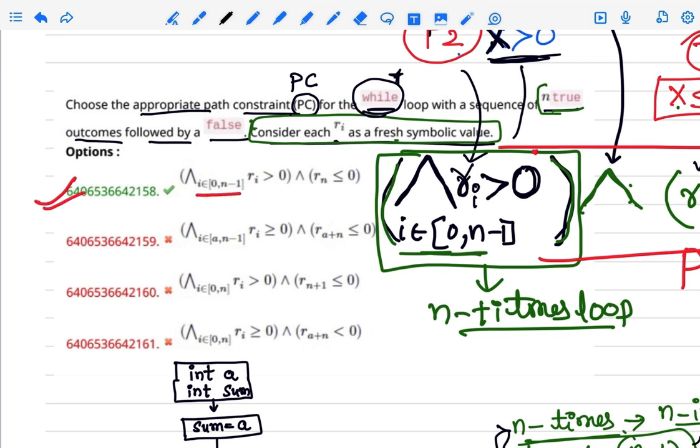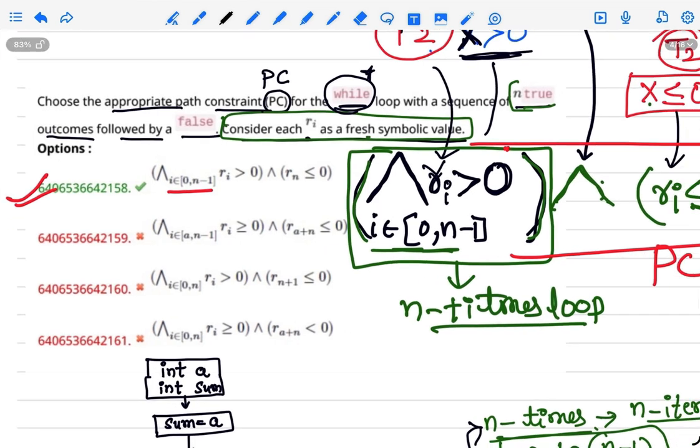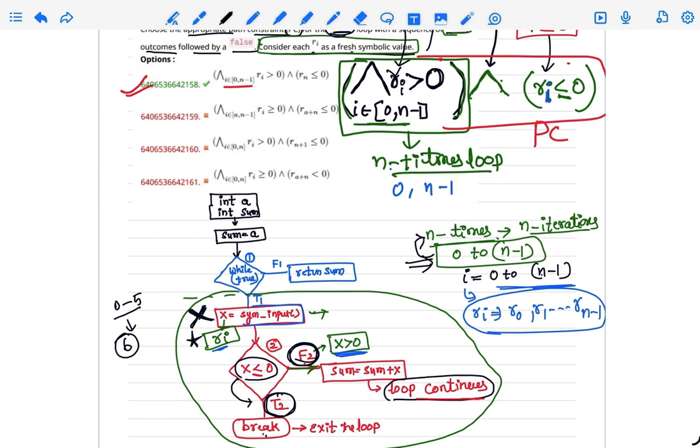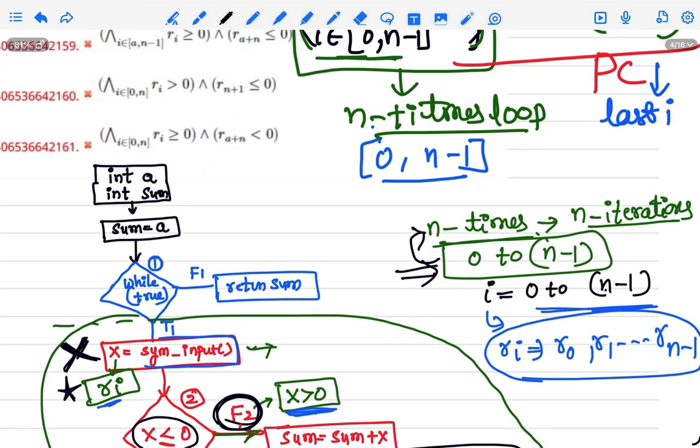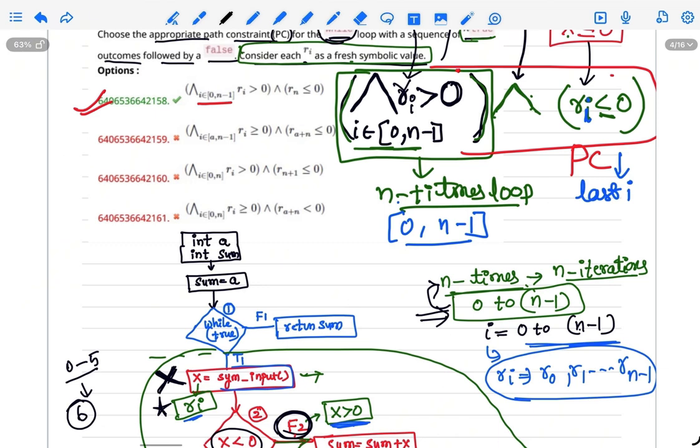And i belongs to 0 to n minus 1, ri greater than 0 and rn less than or equal to 0. That is 0 to n minus 1 iterations. For 0 to n minus 1 iterations, the while loop executes. For the final iteration, the last iteration, that is i equal to n, the loop breaks, right?